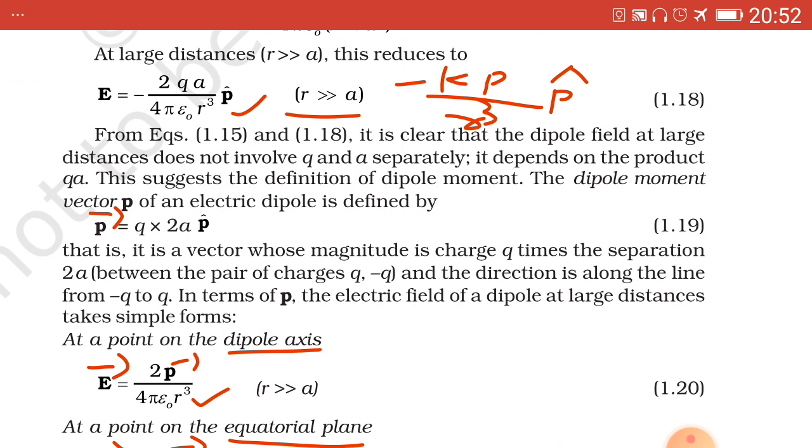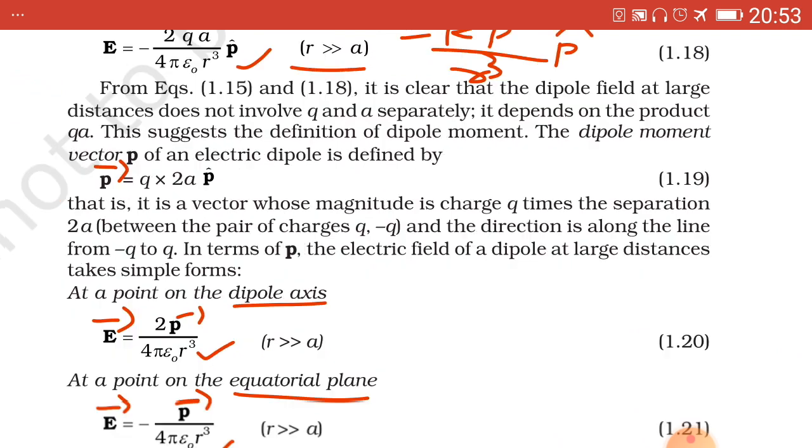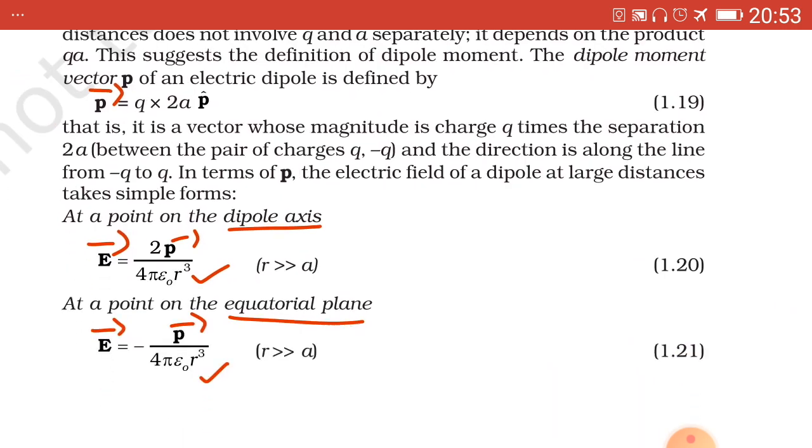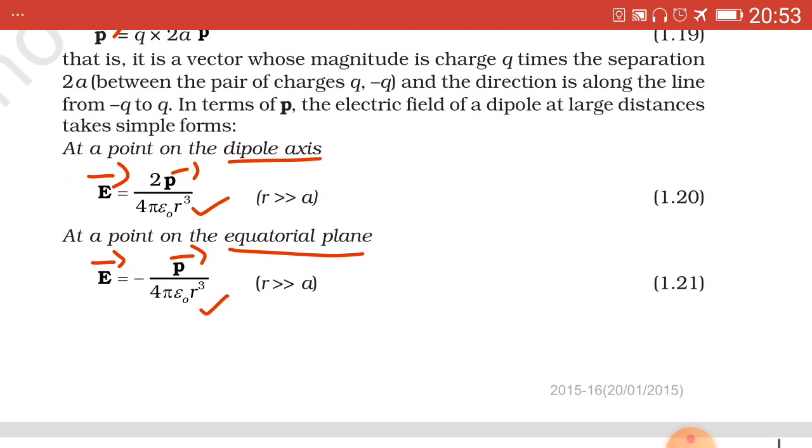Again we summarize the equations of electric field intensity in both the cases described ahead, that is on the dipole axis and on the equatorial plane. First one is capital E vector equal to 2p vector upon 4 pi epsilon 0 r cube.